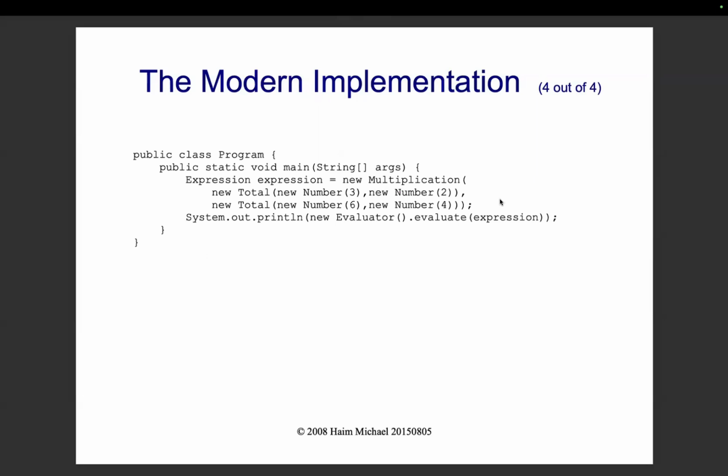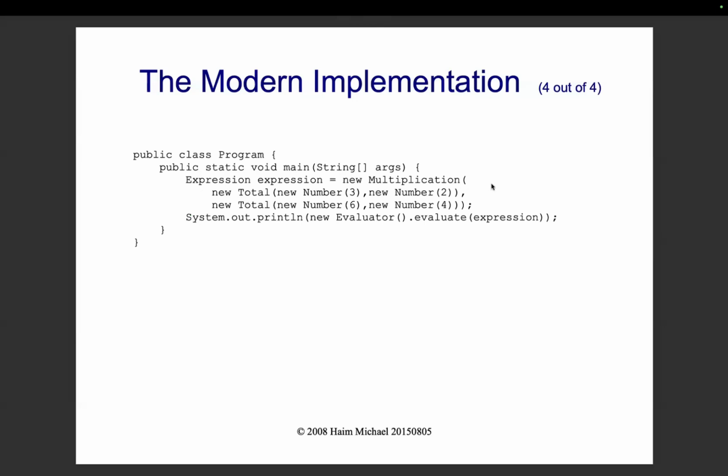In this case, each one of them is of the type total, and each one of them is an expression whose value is the result of calculating the total of two simple numbers. So the first total object should represent the value 5, the second the value 10. So multiplying the two, we expect getting the same result.